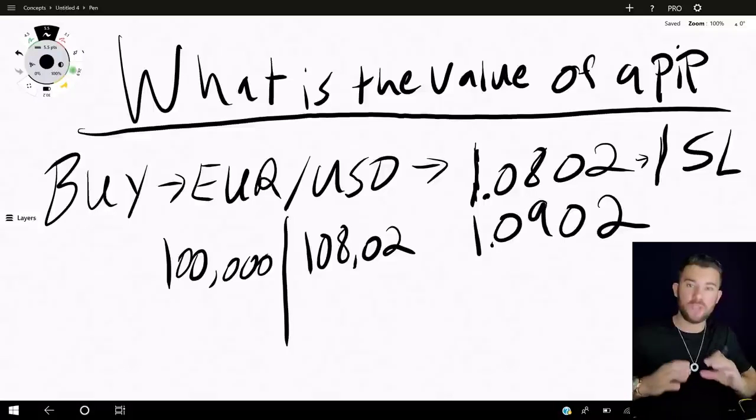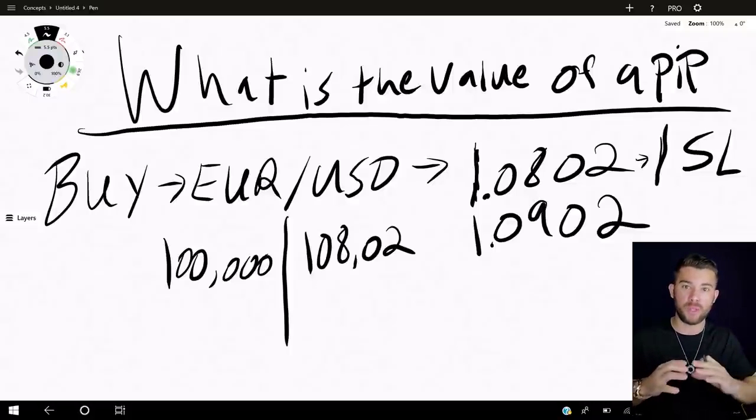Your broker gives you that 100,000 euros. They get $108,002 from you, from your account. Then you are holding that 100,000 euros, waiting on the market to either rise or fall, waiting on the euro dollar to either rise or fall.